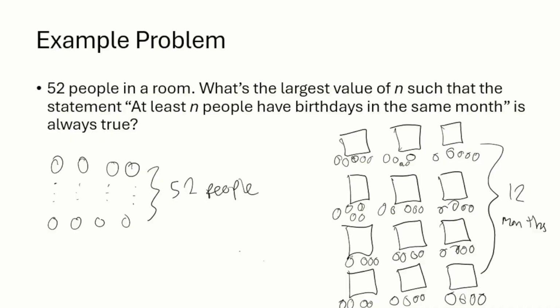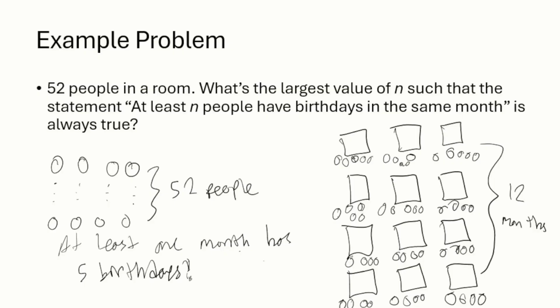So here we can see that even if we distribute the people in a way that minimizes crowding, at least one box is going to have 5 people. At least one box, or 1 month, has 5 birthdays.